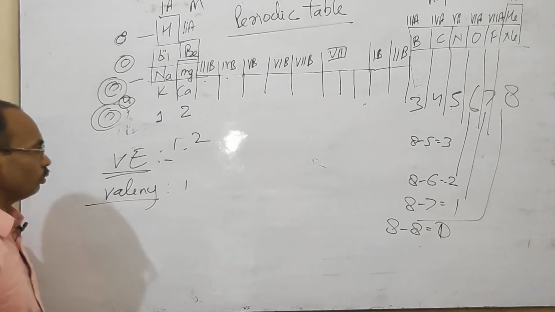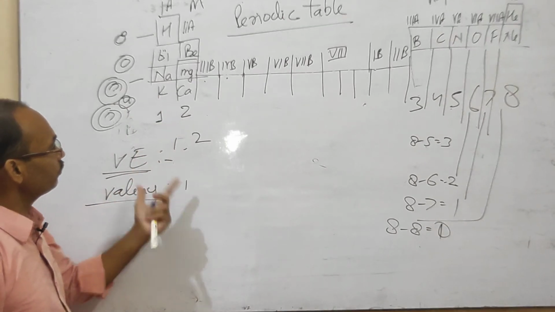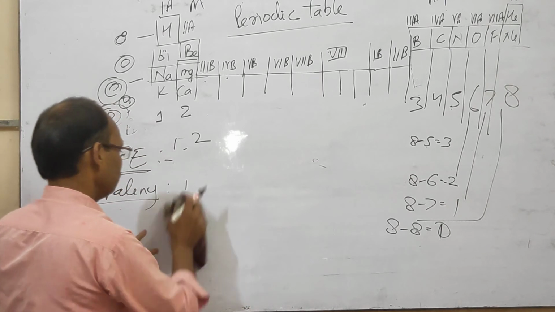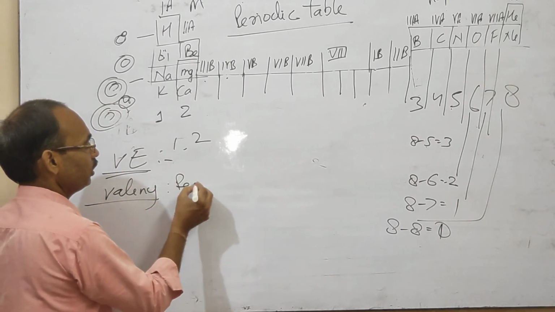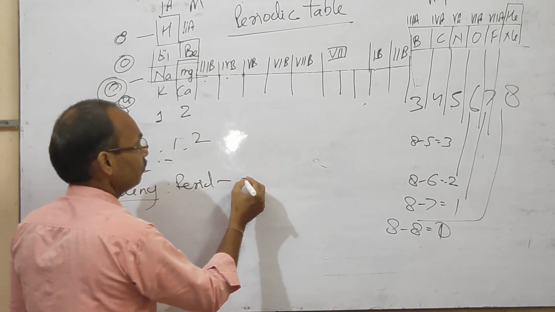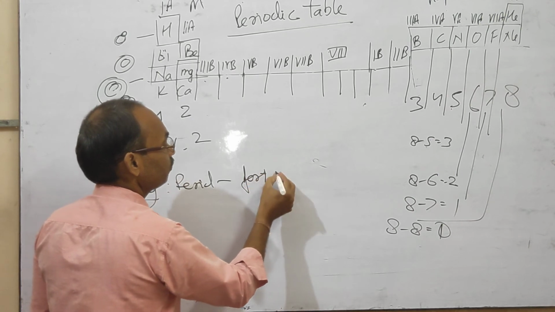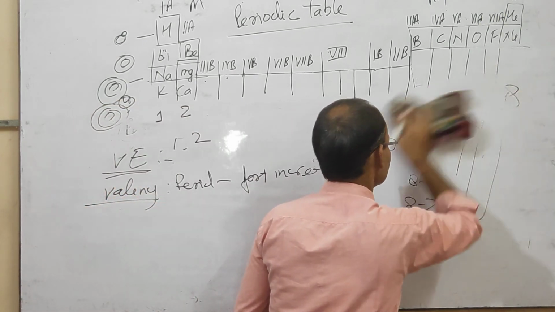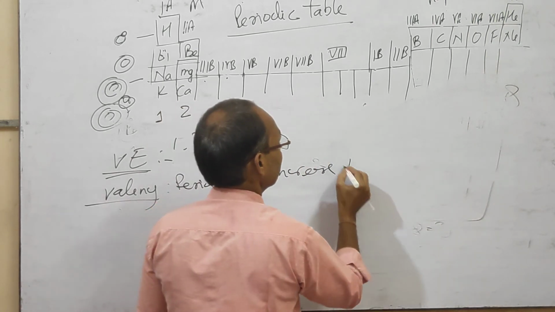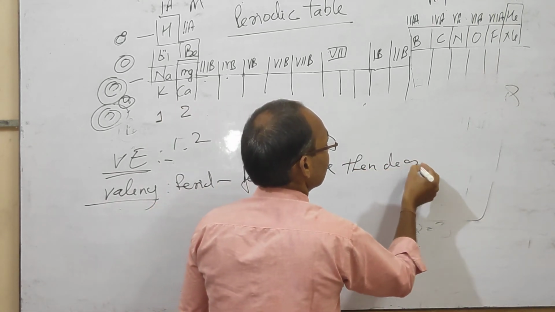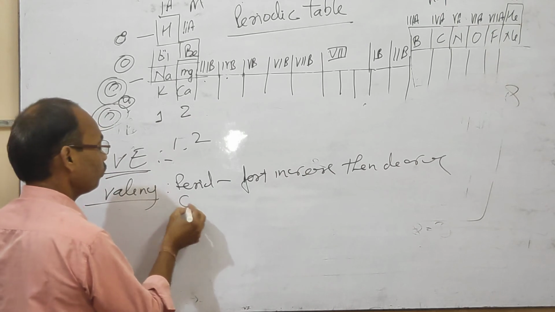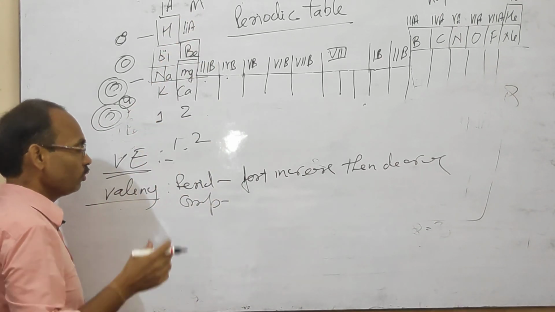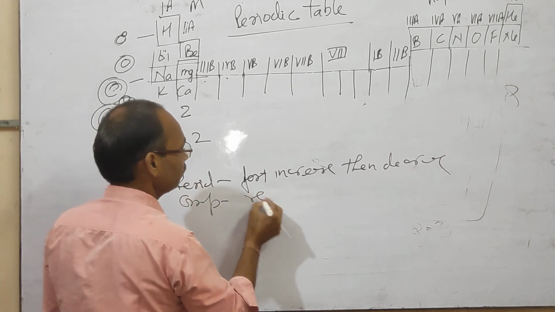So it means the valency first increases and then decreases in the period. While in the group, the valence electrons are the same, so valency remains the same.